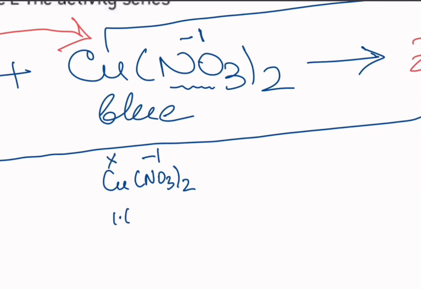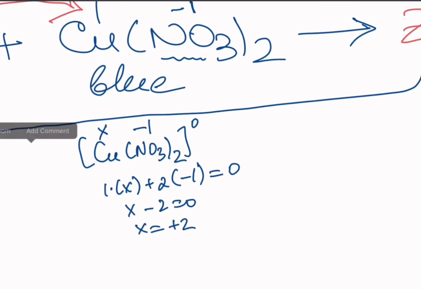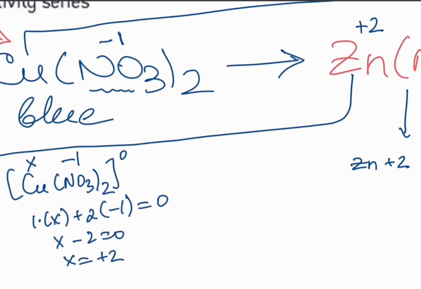So 1 times x plus 2 times -1 equals 0, because this whole thing is 0. And then x minus 2 is 0, x is plus 2. If you do the same thing to this one, you will see that zinc is also plus 2. Okay, so zinc is plus 2 here, copper is plus 2 here.